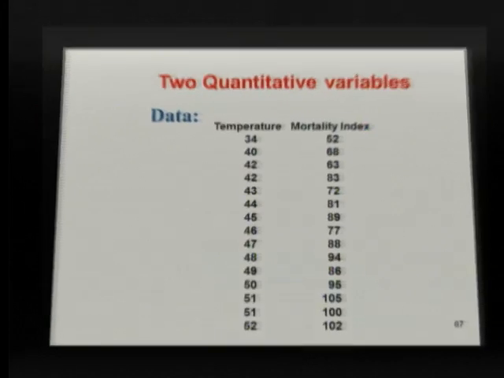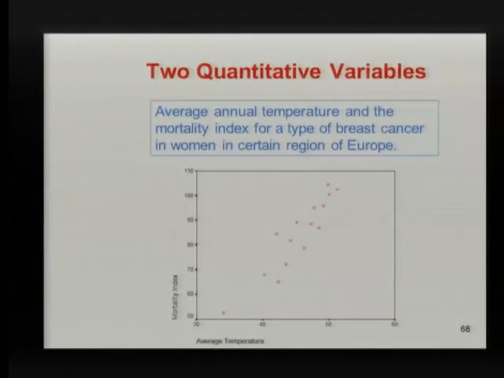Well, for this quantitative situation, it's the same. As temperature gets higher, it seems like the mortality index gets higher. Does that mean that high temperature causes high mortality? If that's the case, people wouldn't want to live in warm areas, right? It's not the case. In this situation, you just find out that those countries in warmer temperature areas, most of them are not well-developed countries, right?